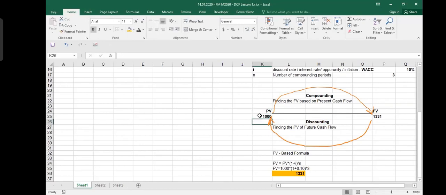But before I move forward to discounting or compounding, let me explain something in a very simple way. What is the relationship between 1000 and 1331? How do you see these numbers?